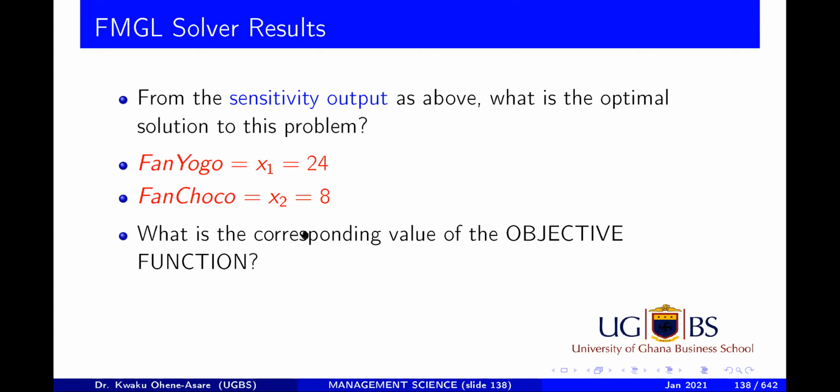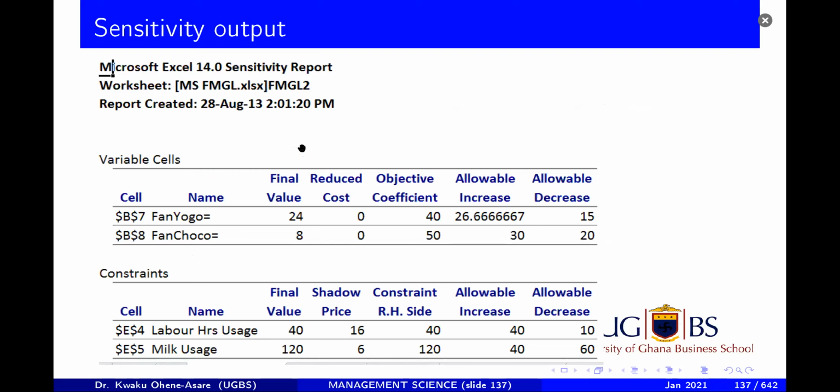It's a profit. So what is the corresponding value? He's asking you, what is the overall Z value, the profit value? How do you get that? How you get that is more important to me than even giving me the answer. Who can tell me, using the table? Remember that at this stage, the only thing you have here is the table. How would you compute that?